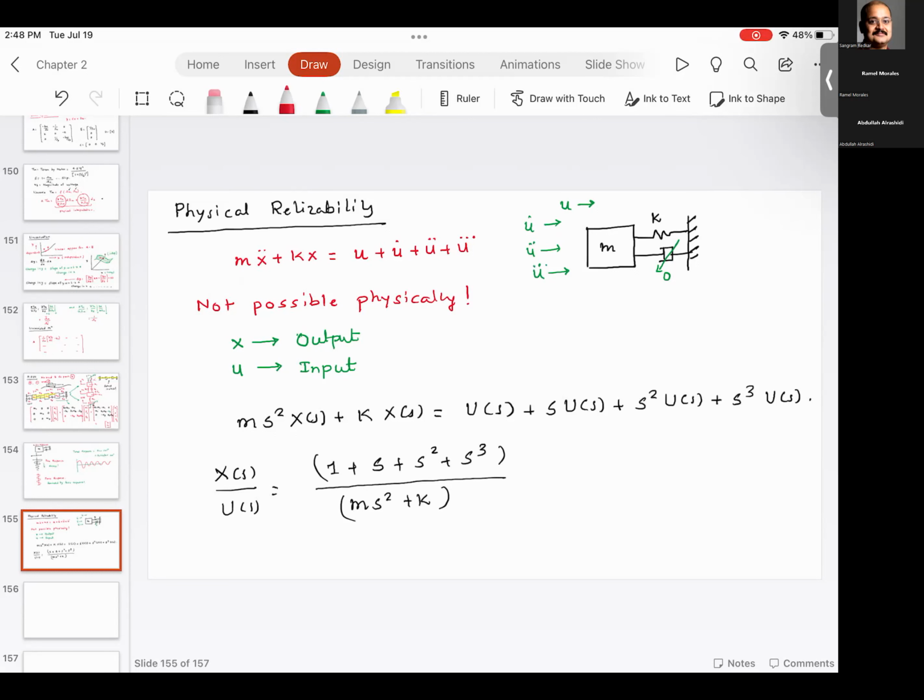Here, as you can see, order of the numerator is equal to 3 because that is the highest order of s. Order of denominator is equal to 2. If the order of the numerator is greater than the order of the denominator, this system is physically not realizable.